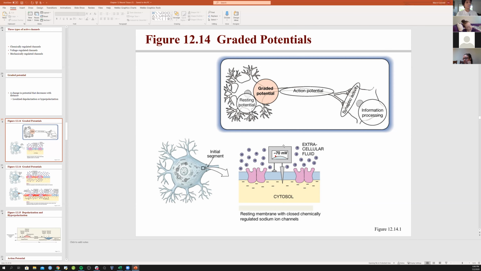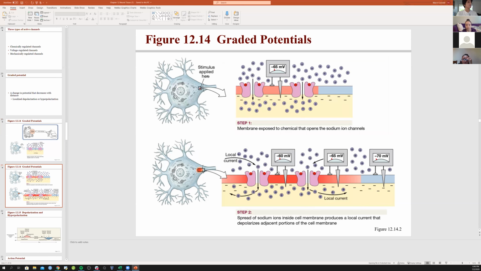This is the equilibrium potential. This is the resting membrane potential, negative 70 millivolts. That's the sum of the equilibrium potentials of all ions in the cell. This is the graded potential. A graded potential is whenever, let's say, a neurotransmitter binds to this receptor.